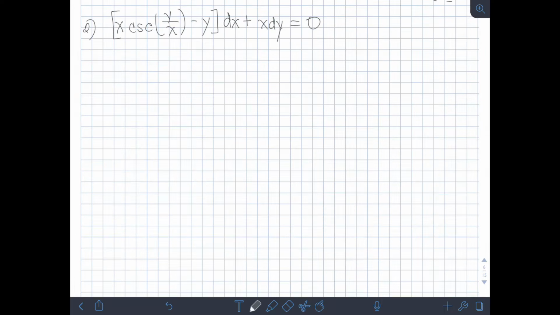Okay? Next, we have quantity x cosecant y over x minus y dx plus x dy equals 0. Okay, so hindi ko na ipapakita sa inyo kung paano naging homogeneous ito, but pwede nyo ring itry just to prove na homogeneous nga ito kasi automatic naman na homogeneous to kasi ito yung topic natin.